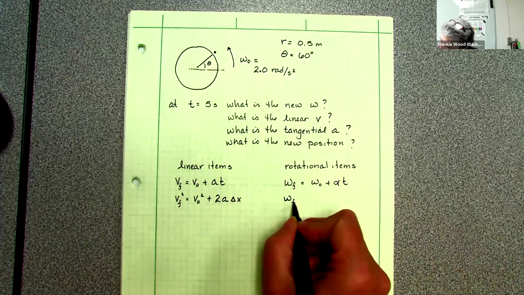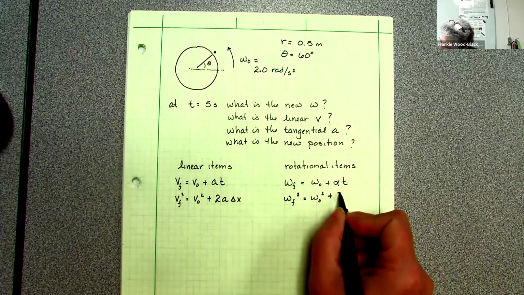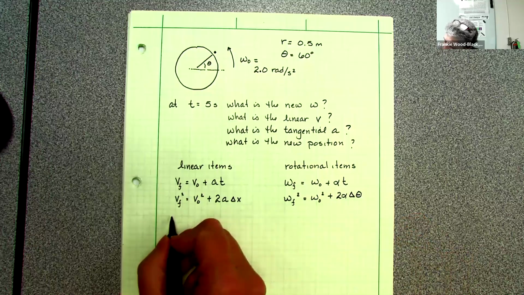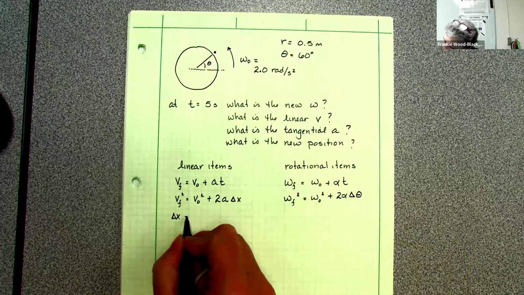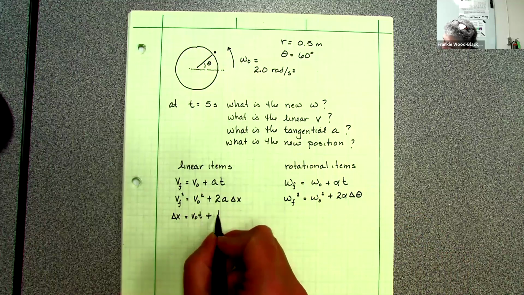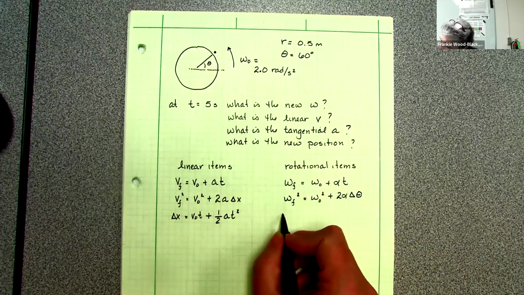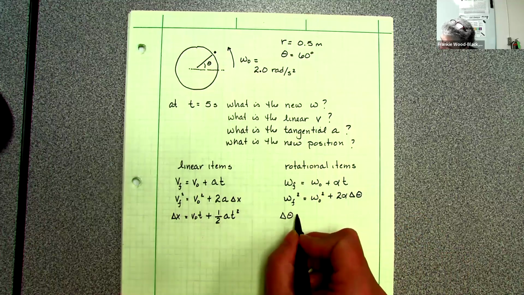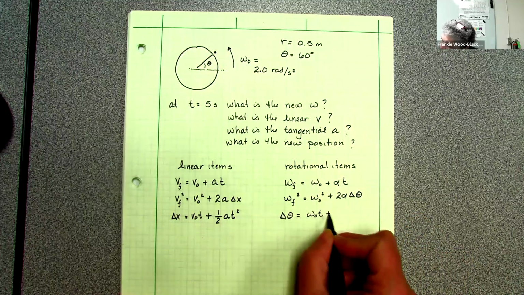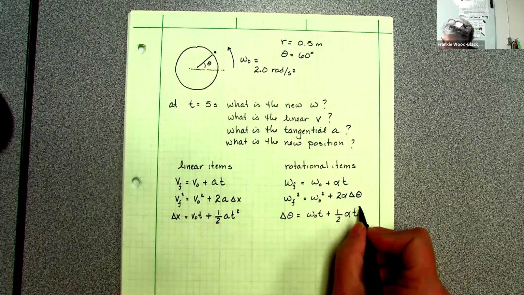Over here, we're going to have an equation that looks like this, times my change in angle. My change in position is equal to my initial velocity times time plus 1/2 my acceleration times time squared. Over here, I have a change in angle is equal to my initial velocity times time plus 1/2 my acceleration times time squared.